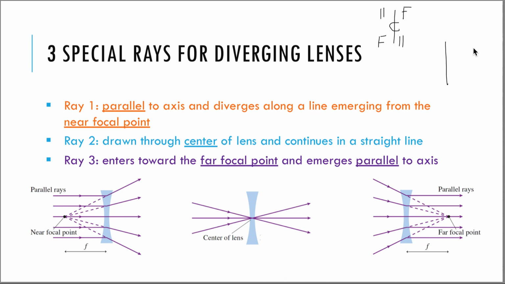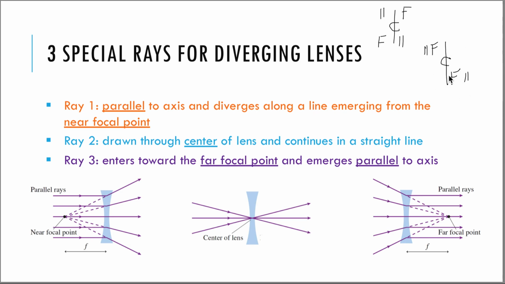For the diverging lenses, what you notice is that it's parallel on the left side, but it's appearing to come from the focal point on that same side. So it's parallel focal on the left side, then center, and then focal parallel, but they're both going to be on the other side. So it takes a little bit of getting used to, but that's how I remember it.